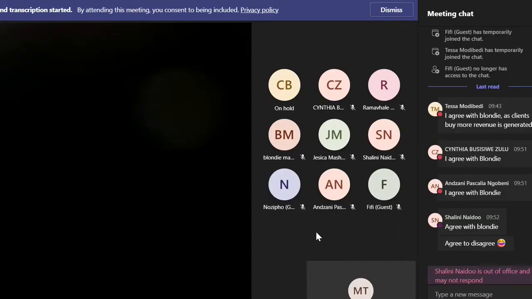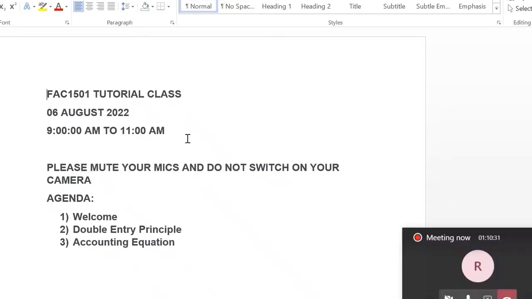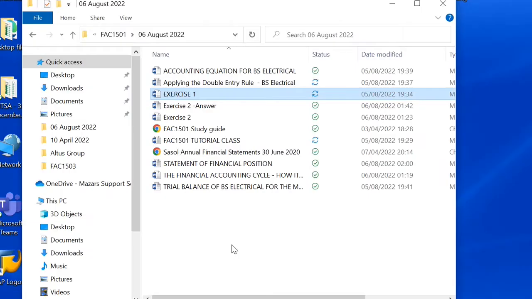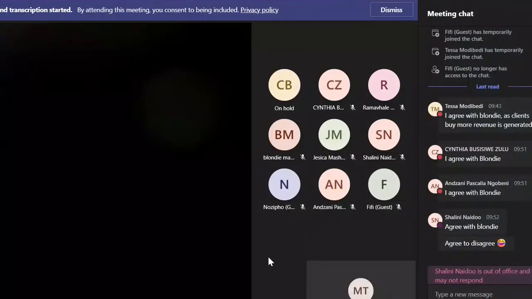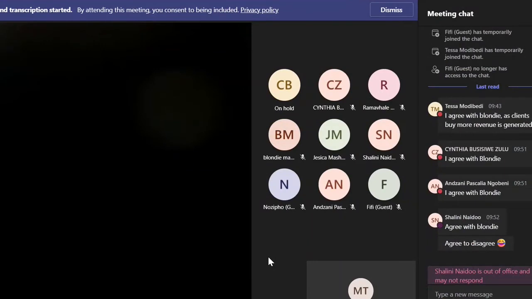Shalini is saying agree to disagree. So the question is asking you, in the general ledger, where are you going to record this transaction? Is it going to be debit, credit?